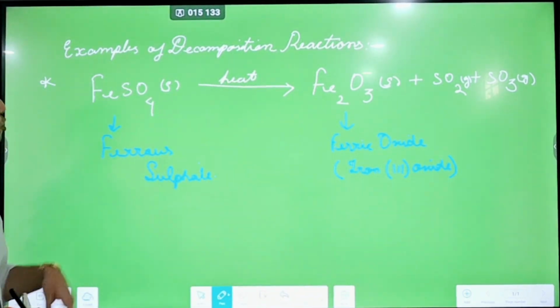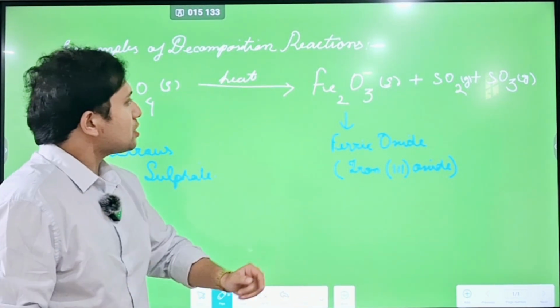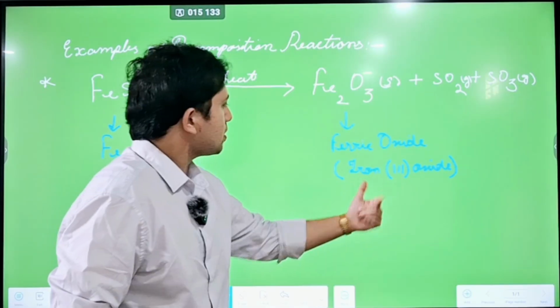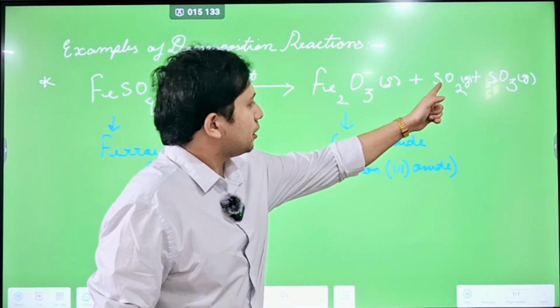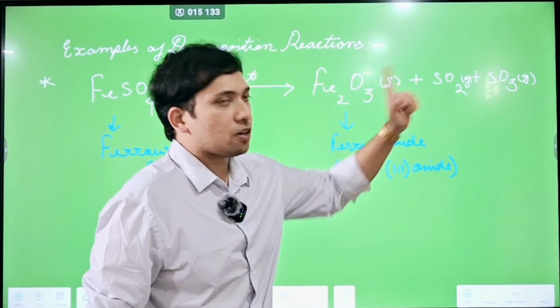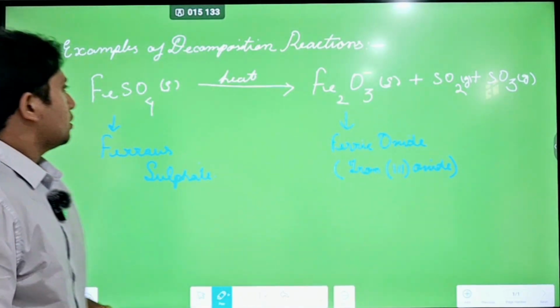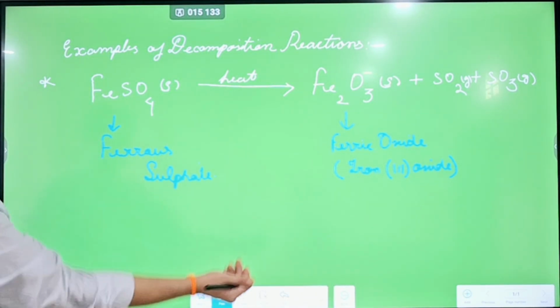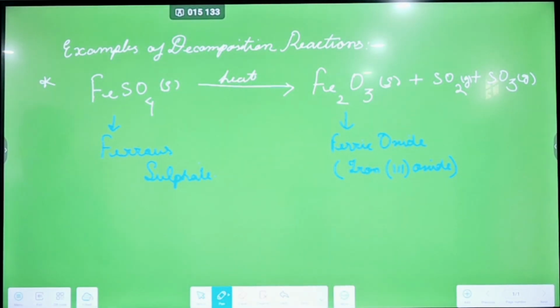So FeSO4 with the help of heat is breaking down to form ferric oxide, iron 3 oxide, in addition to sulfur dioxide and sulfur trioxide. This is a fine example of decomposition reaction. So I hope it is clear.